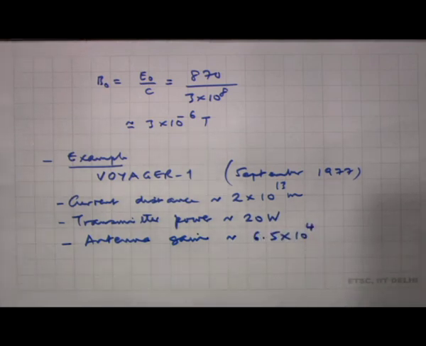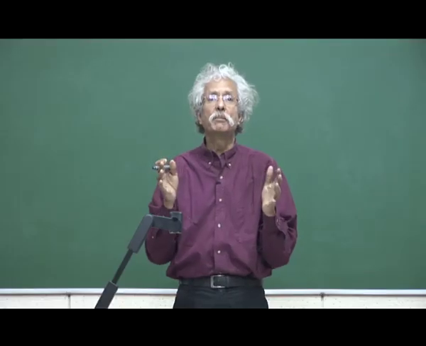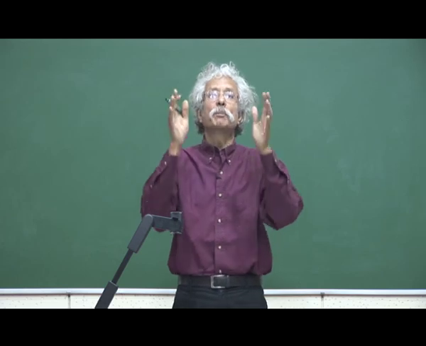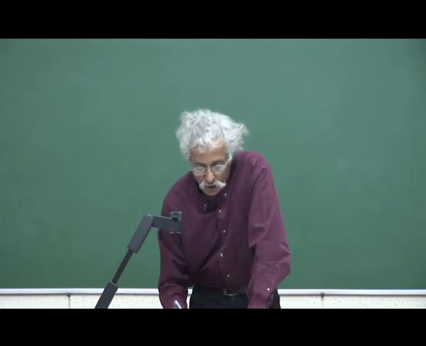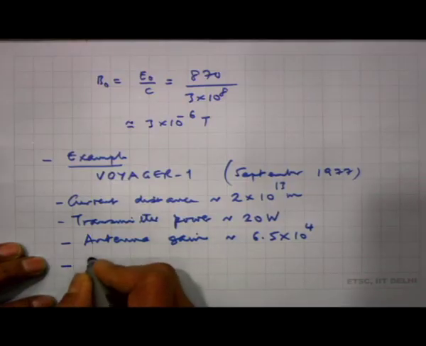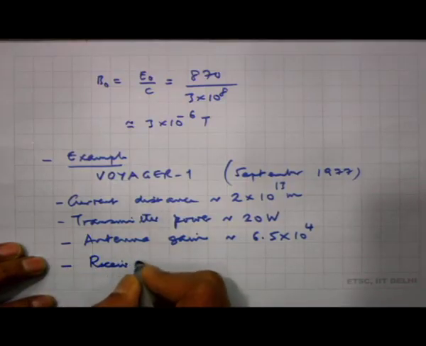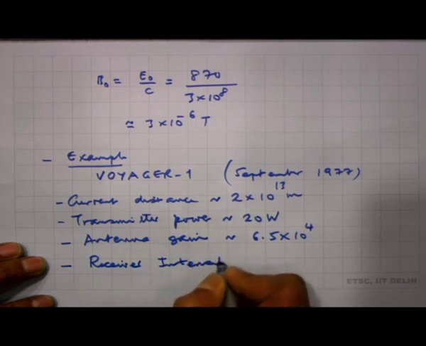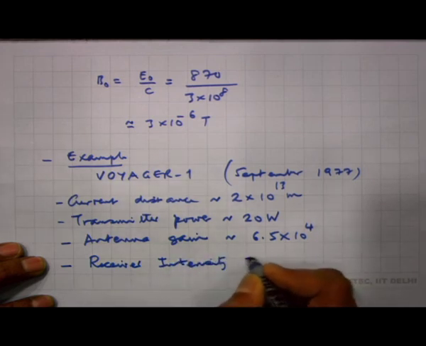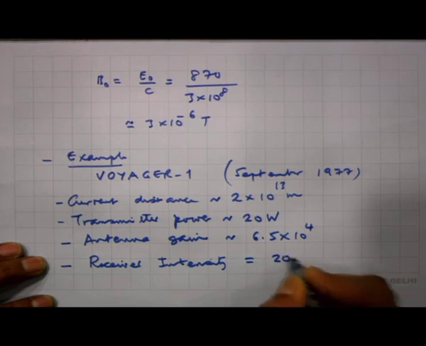Essentially it gives me how much increased intensity I get, because I am now directing the electromagnetic waves in one particular direction and not radiating in all directions, and I can then calculate the received intensity, which is equal to 20 watts, the power emitted.